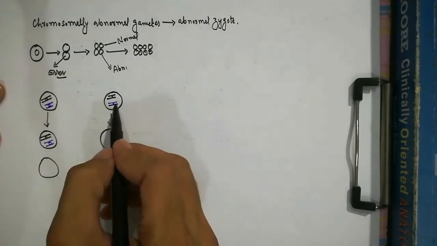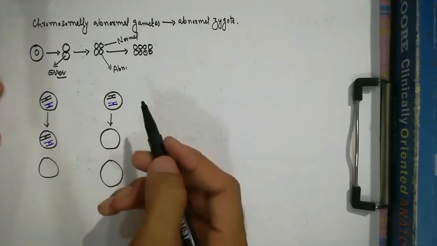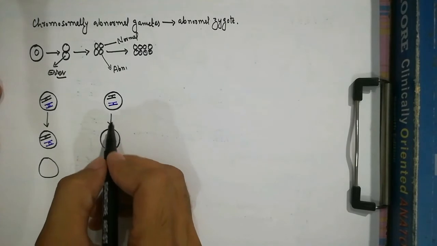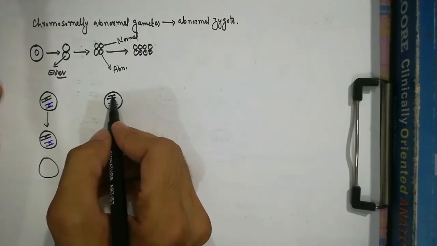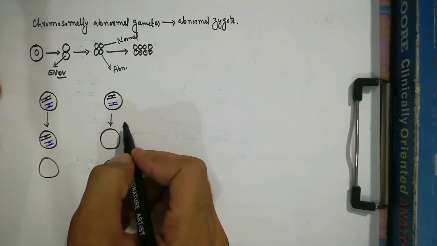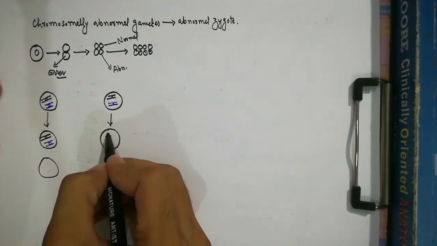Normally these sister chromatids separate, but in case of non-disjunction, suppose these two sister chromatids fail to separate and both enter one daughter cell.